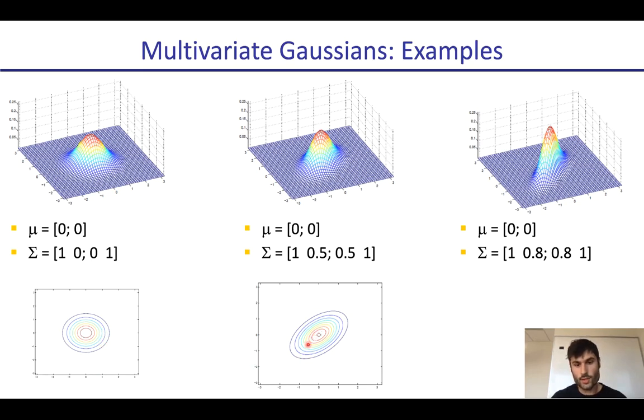However, in this case, since there is correlation between x and y, we see that one of the axes of the ellipsoid is this y equals x term, this diagonal line. And here we see that this axis is even sharper.